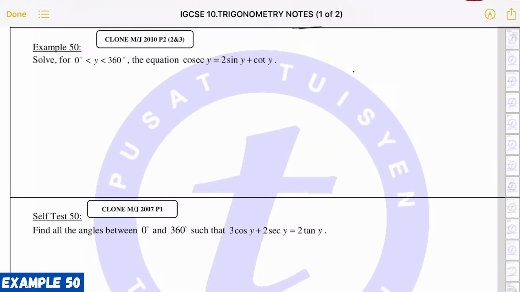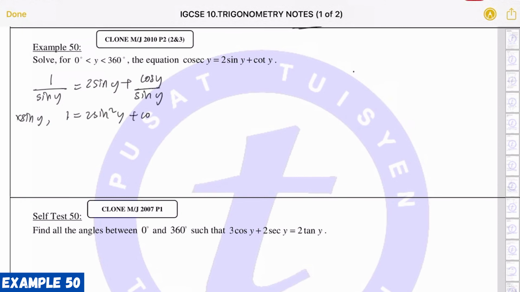Okay, example 50. So here we have cosecant and cotangent. So cosecant is 1 over sine, right? And you have cotangent, which is cos over sine. Okay, so what I can do next is to get rid of fraction and multiply everybody by sine. Okay, as I multiply by sine, this will be 1 equals sine square y plus cos y.